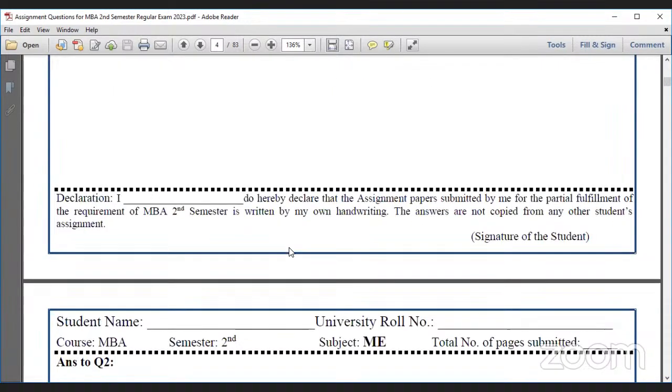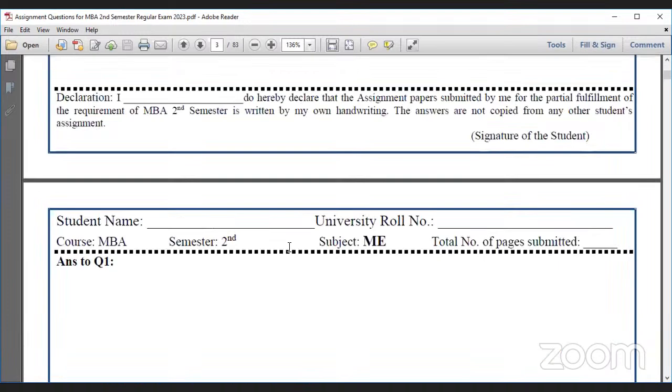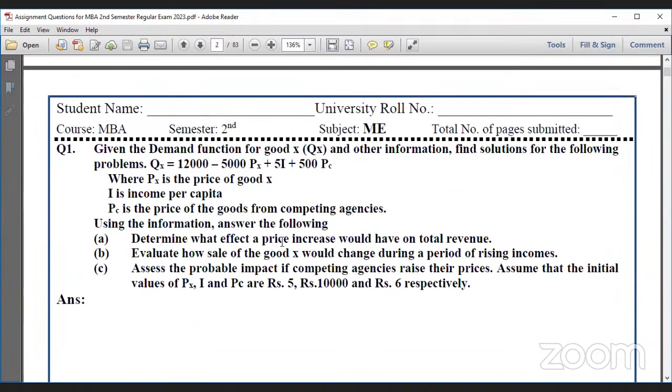Give the demand function for good X, other information, find the solution of the following. So, Qx equals this. This is 1.